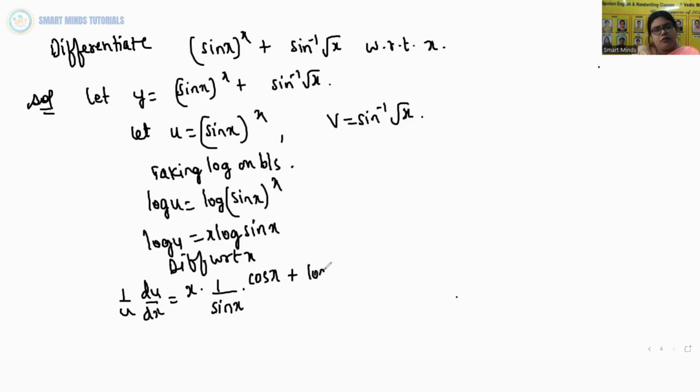Plus, now we write the second function as it is, differentiating the first one. Cos by sin I can write as cot, so I can write it as x cot x plus log sin x.